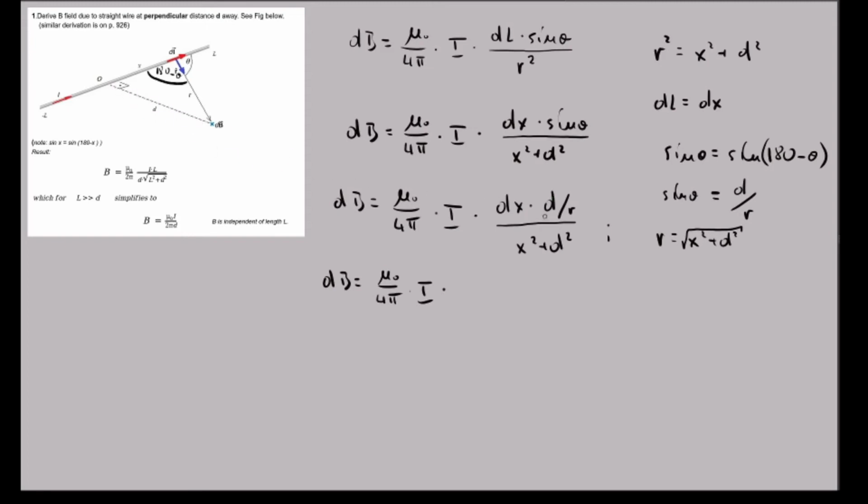Times dx over r, which goes in the bottom. What I end up with is x squared plus d squared to the 3/2.